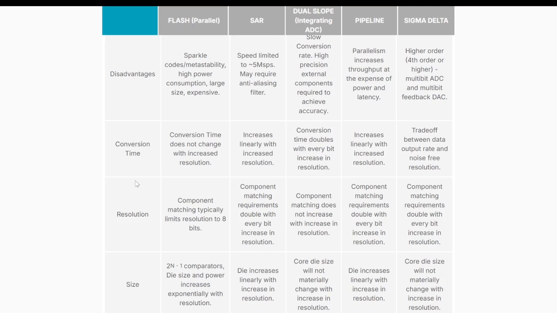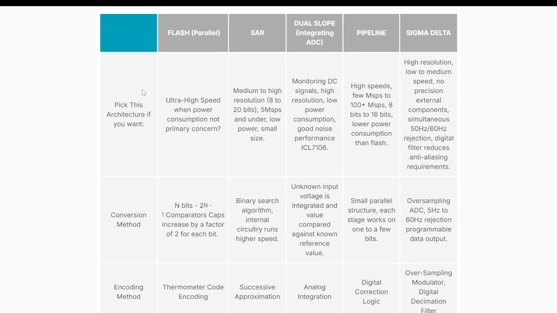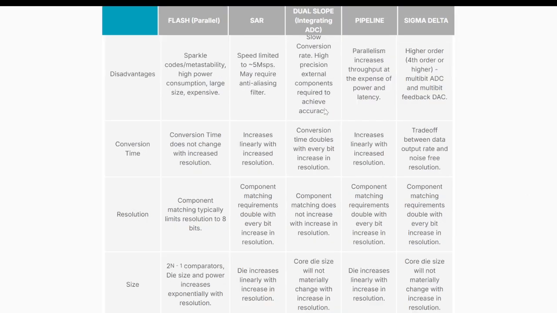But yeah, good read for the passionate individuals. As I said, for this particular course, we're just going to focus on the three types of ADCs, and when we pick them, and what is the encoding method. The rest is just there for you to read and ask questions if there is any, for clarity.